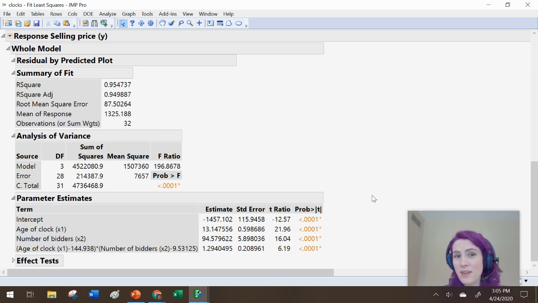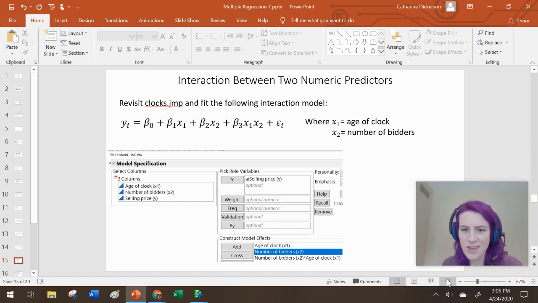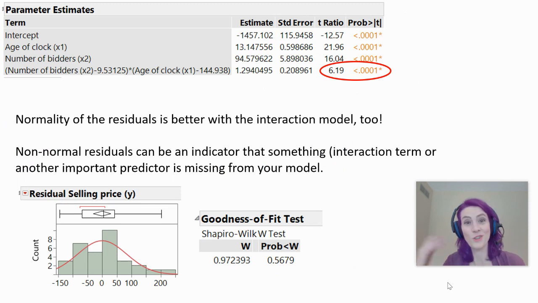A few other ways that I can tell. You may remember that the residuals, when we did the grandfather clock example the first time, were a little non-normal. I kind of said, well, this is a good starting point and we'll try to improve this later on. So here's the improvement. Shown here are the residuals from this new model that does include interaction.